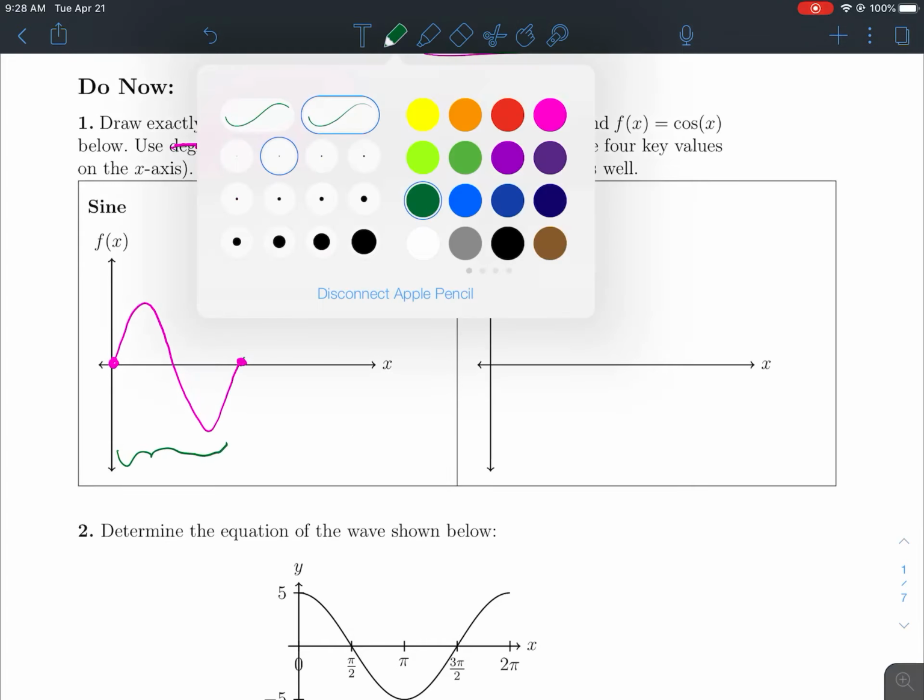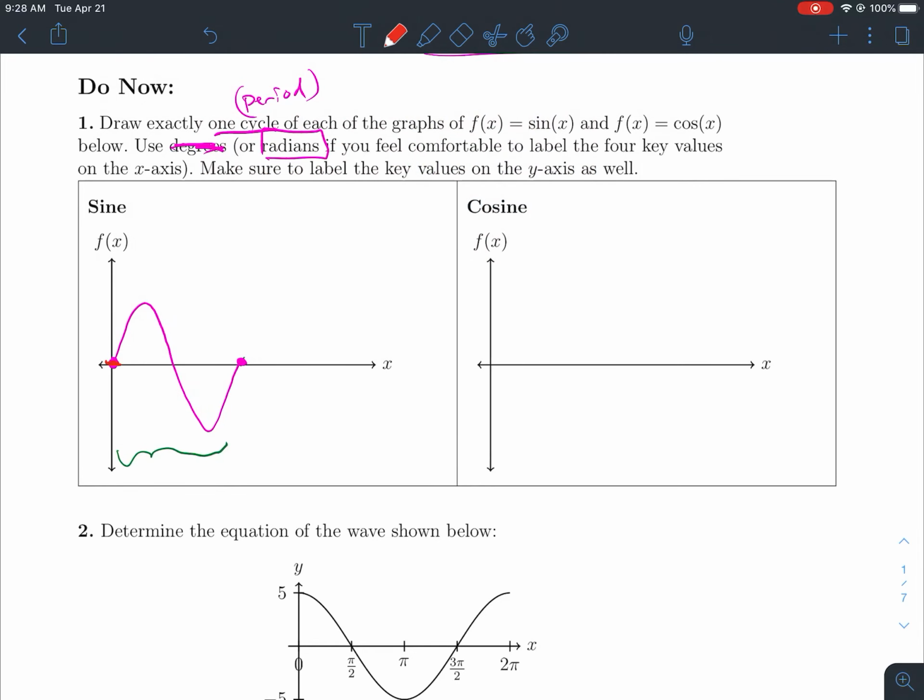So we need to label some important key values. We know it starts at 0. For regular y equals sine of x, the amplitude is 1 because it goes up 1 and down 1. The period is the amount of time before sine starts to repeat. All of this comes from angles in the coordinate plane.